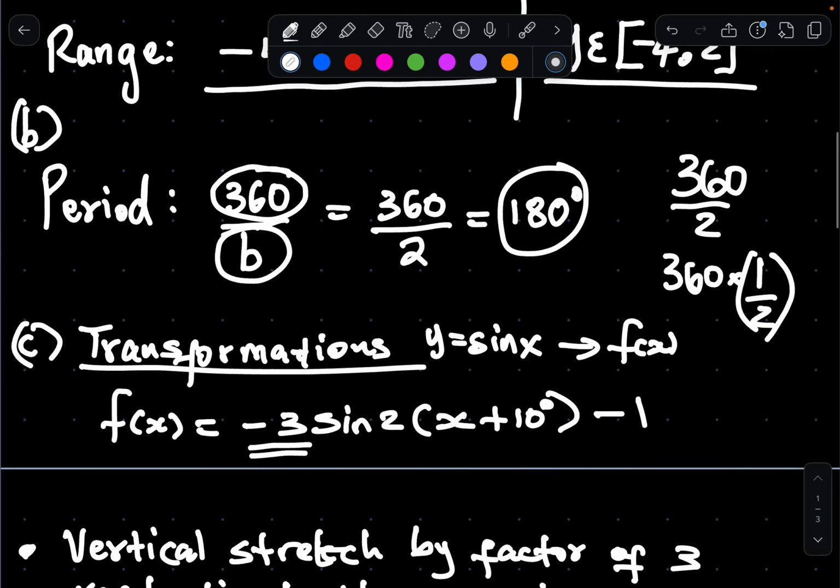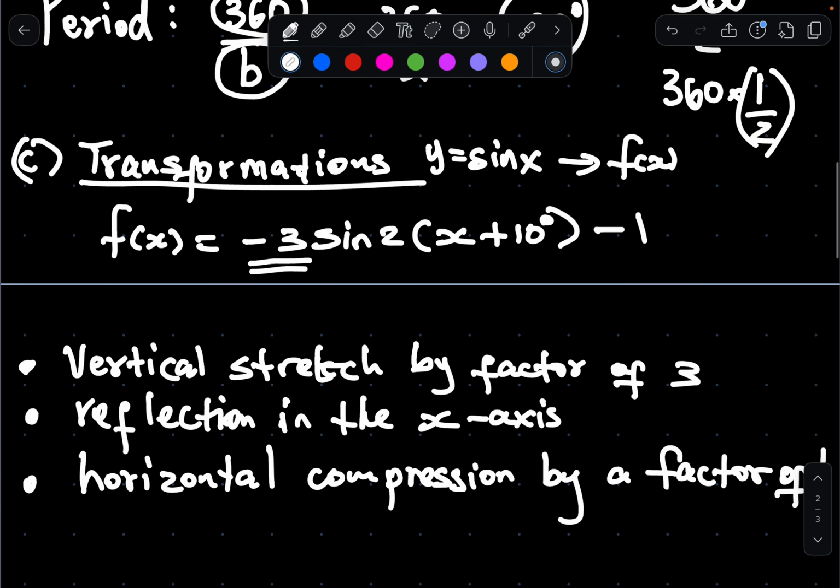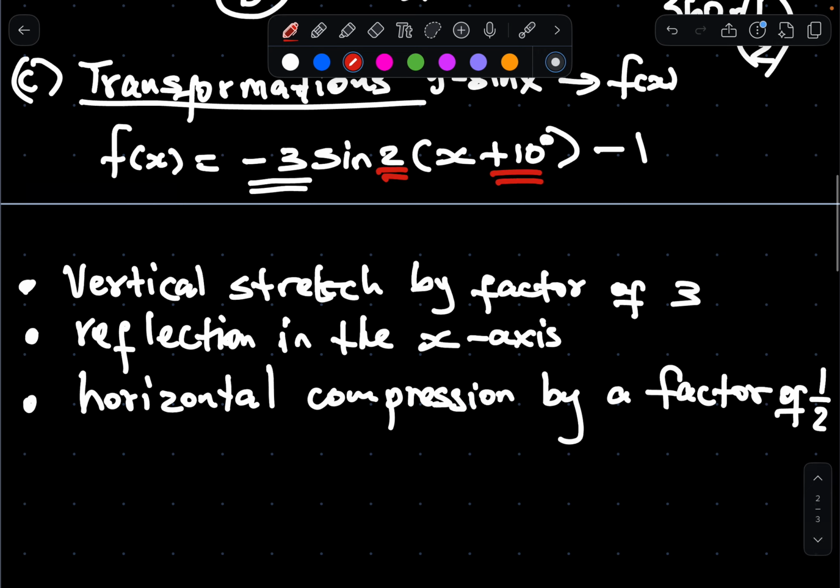Now we're gonna come to +10. Plus 10 just means to the left. Remember, plus is to the left. Let me just remind you: up it's plus, down is minus. Left and right are opposite. Left it's plus, right is minus. So if I see plus 10, I know I went to the left.